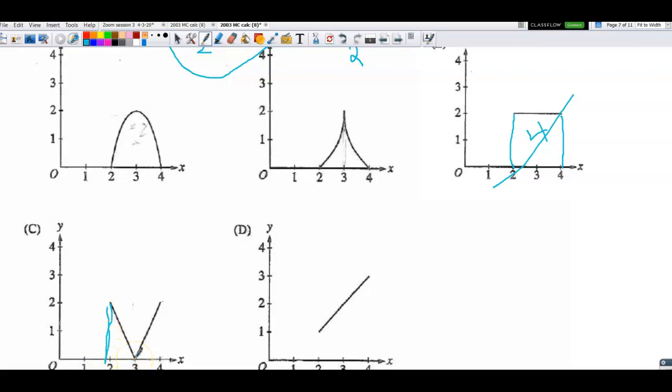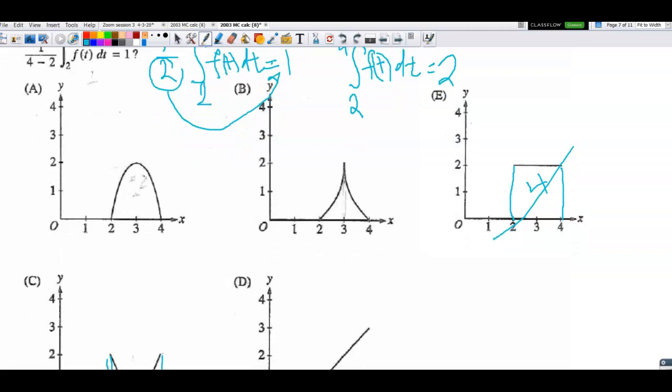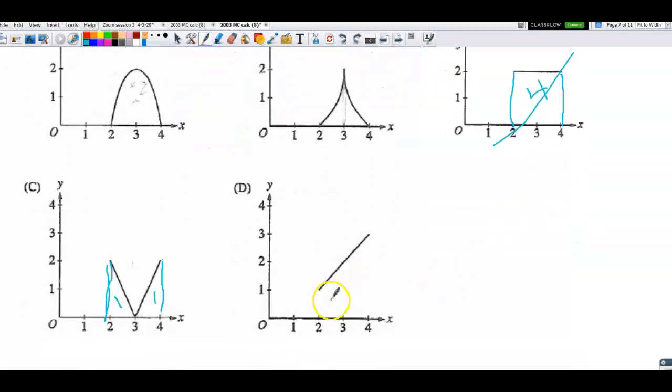From 2 to 3 is 1 times 2 is 2, and half of 2 is 1. And then we have 1 times 2 is 2, and half of that is 1. So 1 plus 1 gives us an area of 2. And you could rule out letter D by doing the area of a trapezoid.